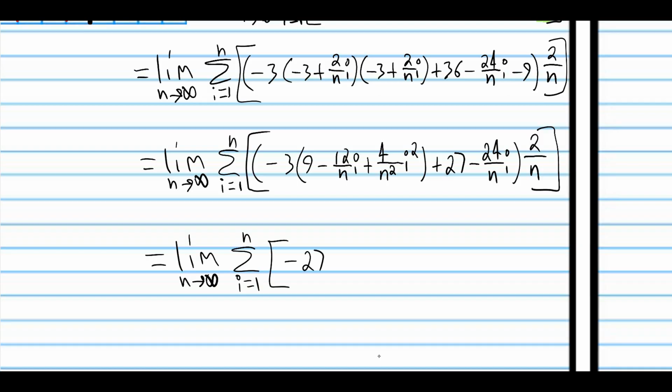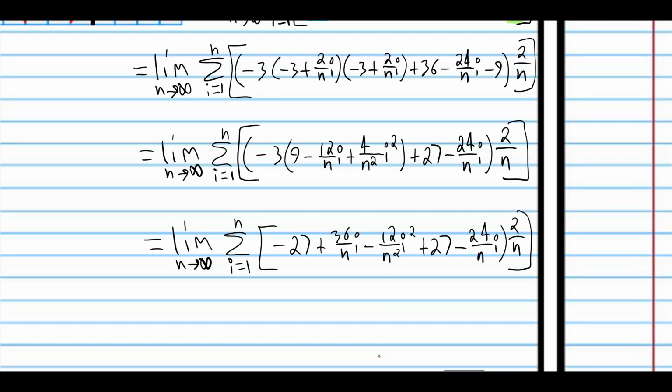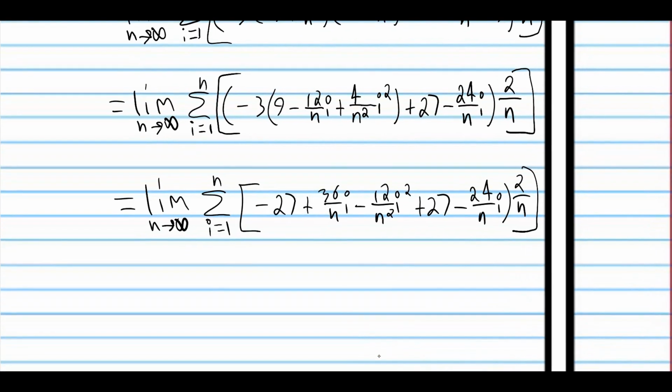So we get negative 27 plus 36 over ni minus 12 over n squared i squared. Alright. And I need another parenthesis there because all of this is multiplied by that green expression.